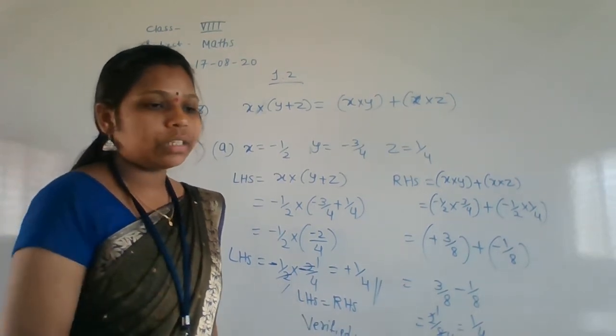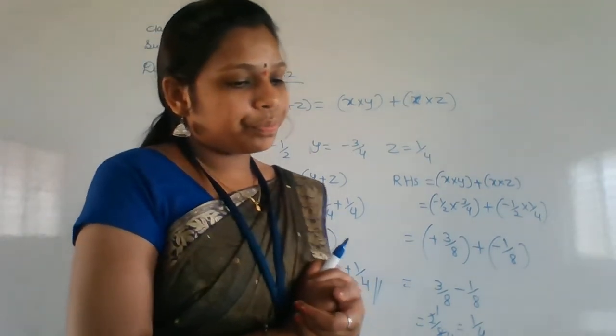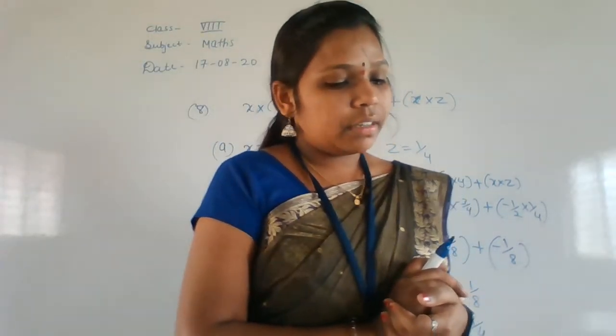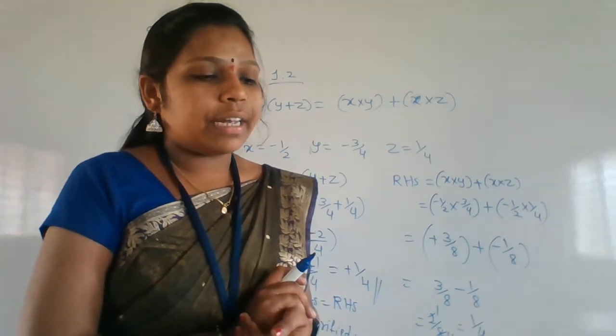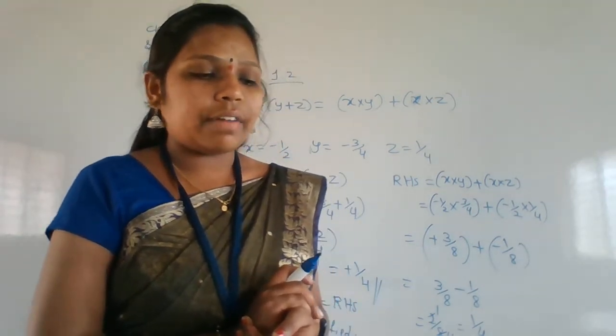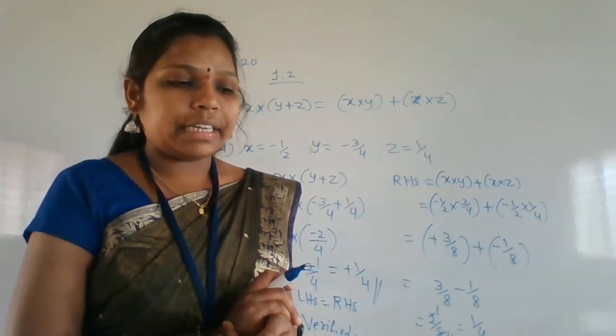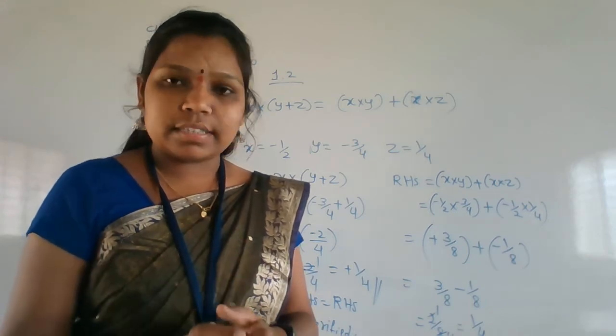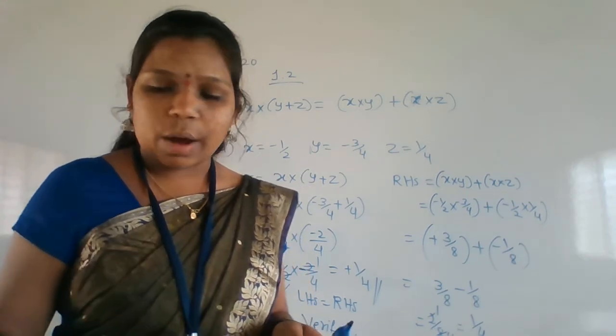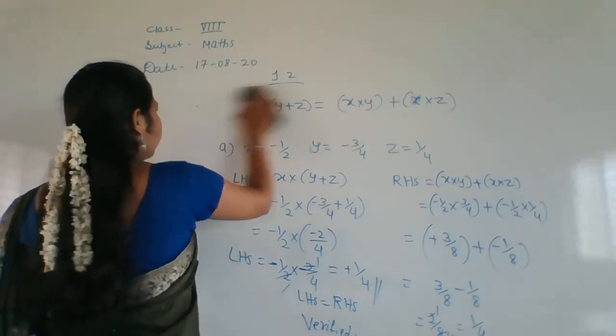So next we'll move to the next question, that is the ninth one. For x equal to 3 by 7 and y equal to minus 9 by 8, verify that x plus y is equal to y plus x. So you have to do like that. That is the ninth question.